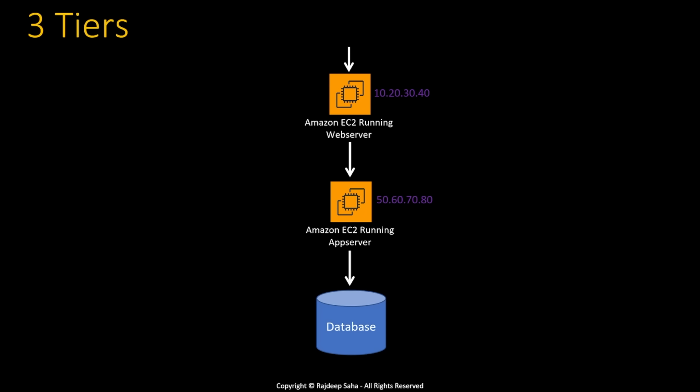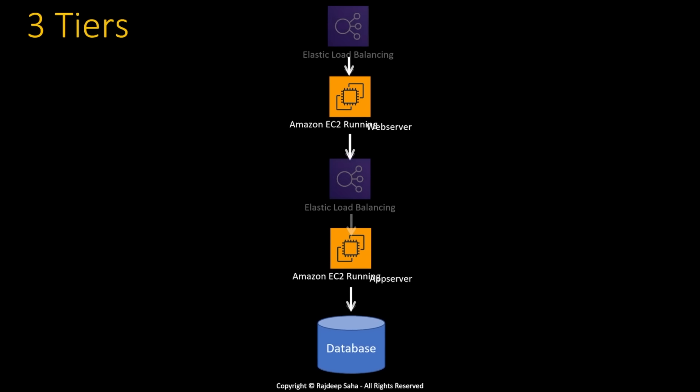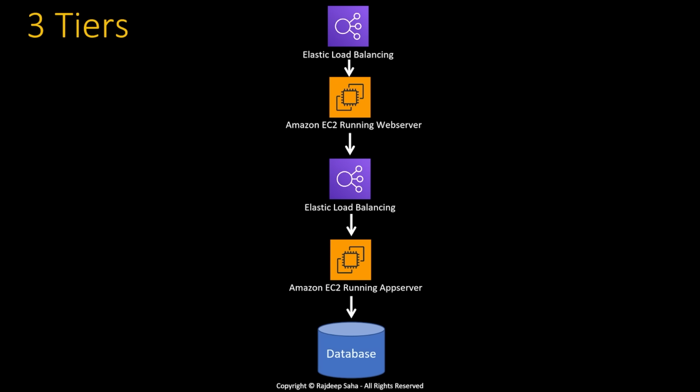So you communicate between the web server and app server by using a load balancer. The user can access this web server by using the DNS attached to this elastic load balancer, which is pointing to the web server.